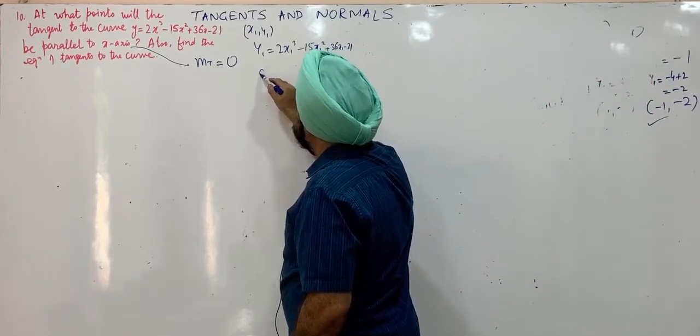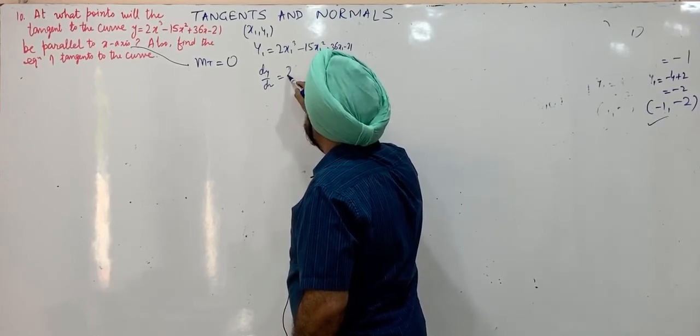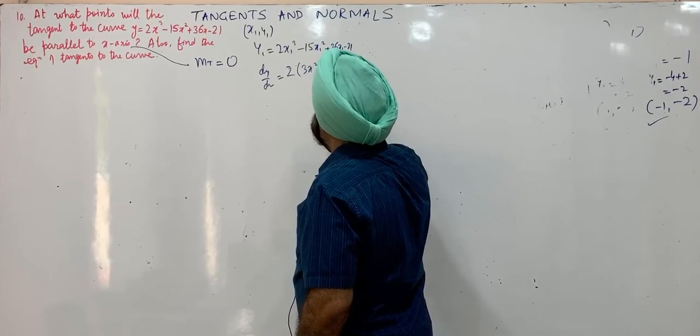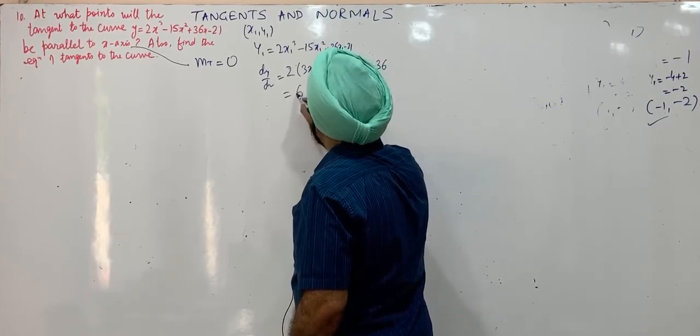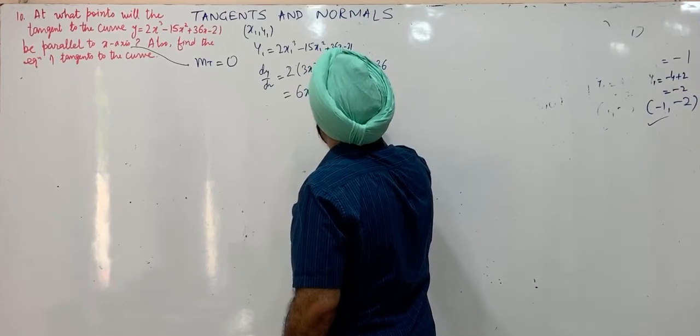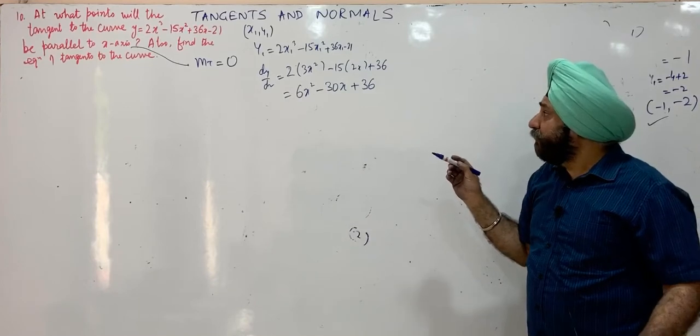Now derivative dy by dx is 2 into 3x square minus 15 into 2x plus 36. This is 6x square minus 30x plus 36. This is the expression for slope.